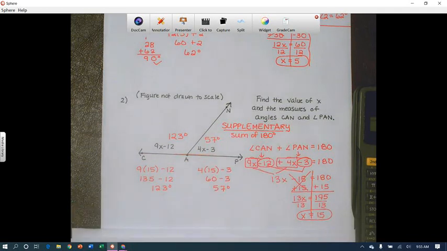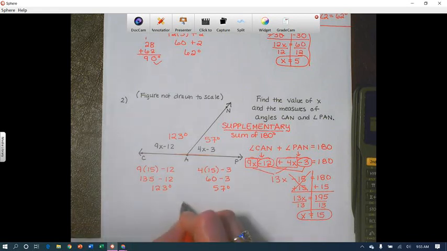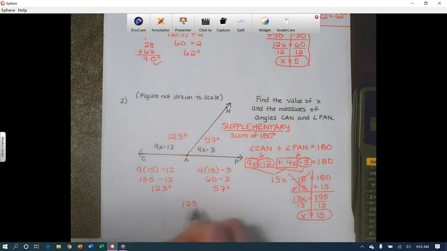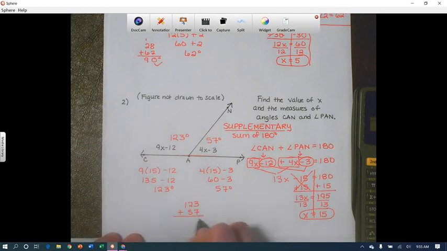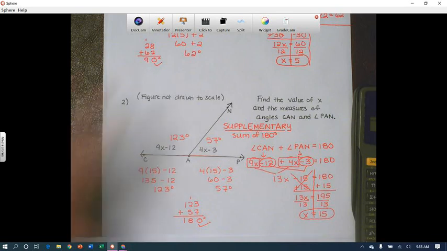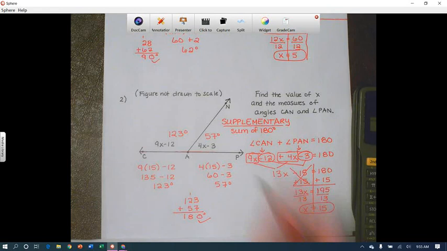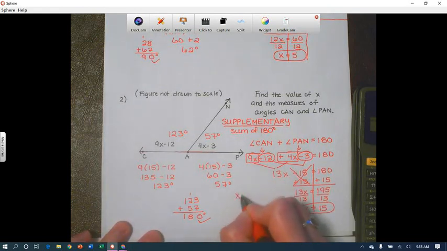And so remember that check step at the very end. Let's make sure that 123 plus 57 is in fact 180. I do see that that is true. So now I'm going to write out my final answer. I'll put that right here. I know that x is 15.